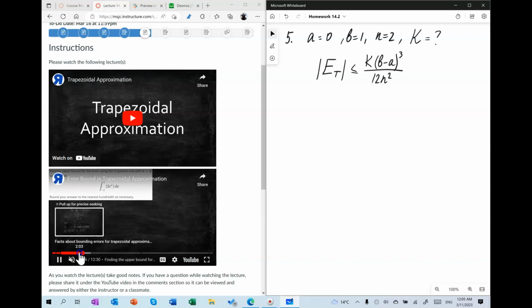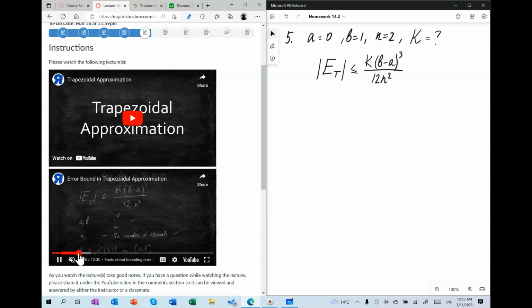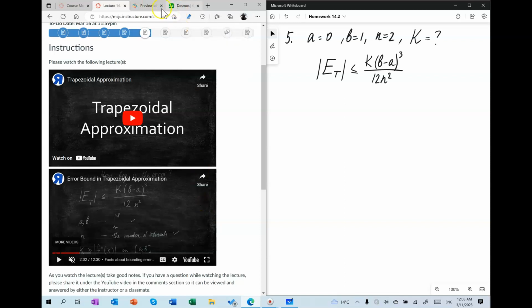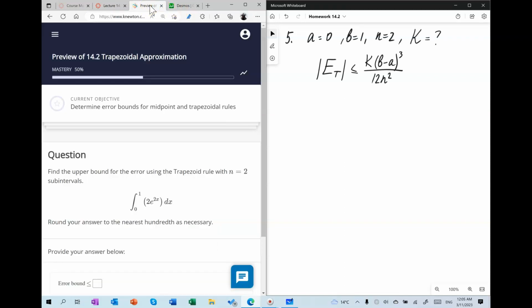And it is very similar to the one we used for the midpoint approximation. And k also represents the same exact thing. K is the upper bound for the second derivative. So we need to find the second derivative.